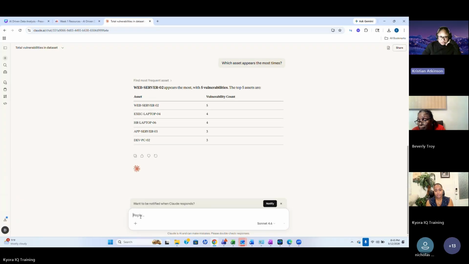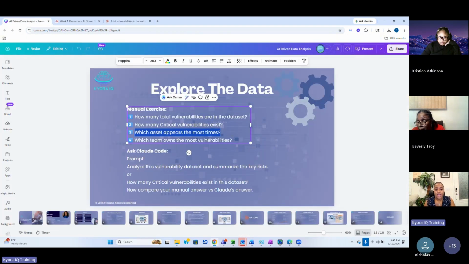Web server 2 appears most times with 5 vulnerabilities. So you can see that AI is quickly scanning the report as opposed to you going in there and filtering for this stuff, right?